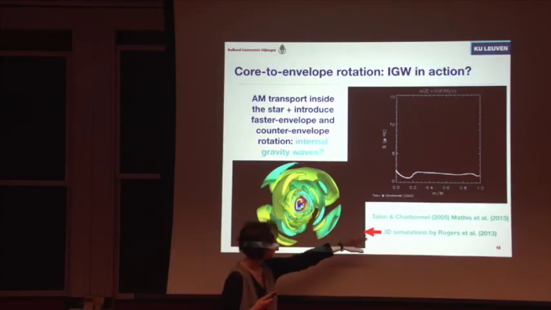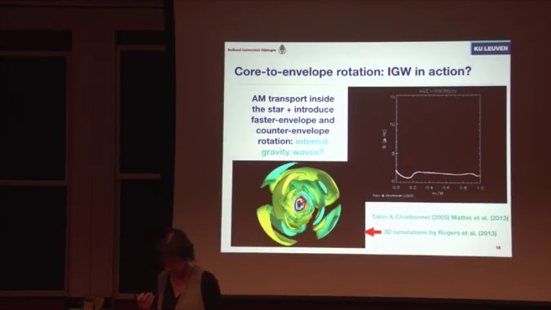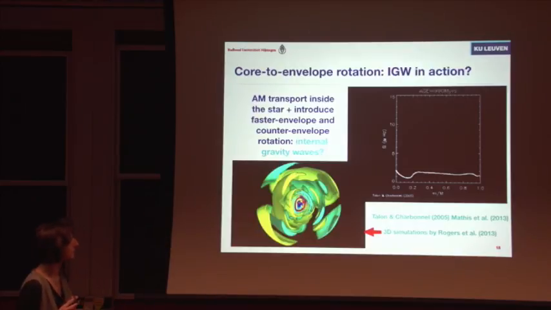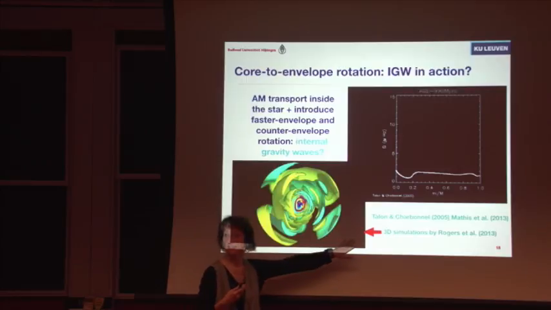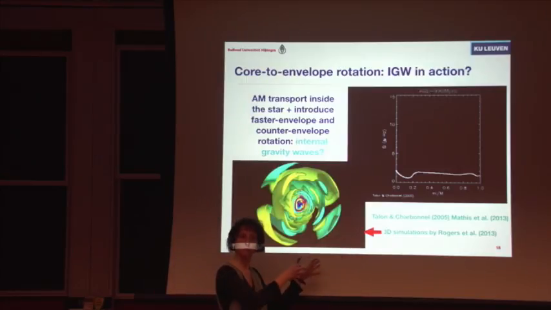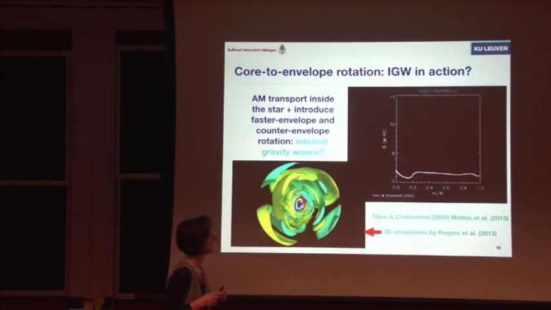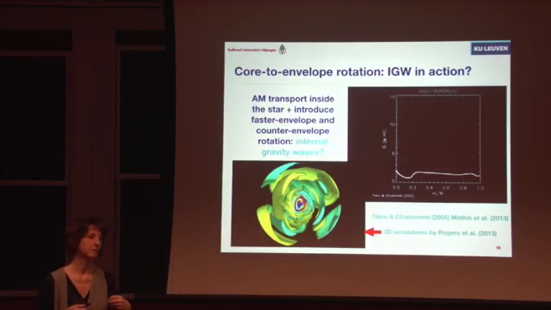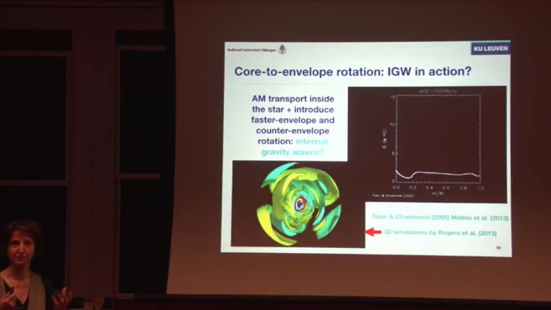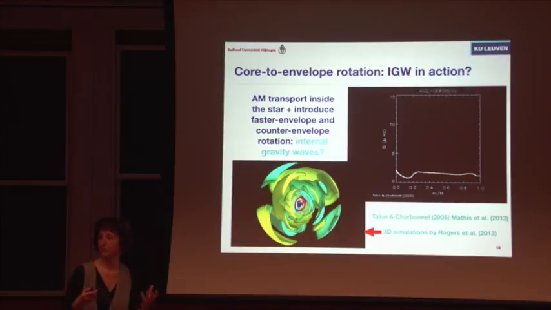And so Tamara Rogers is sort of leading that research here in the US by doing also 3D numerical simulations, and then we hope to export that to a 1D description that we can then plug in to our stellar evolution models. So it's not yet realistic to do 3D stellar evolution for the time being.